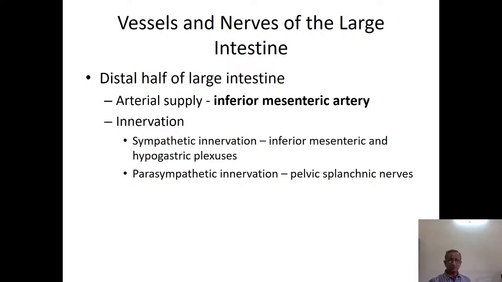nerve supply and the blood supply of the proximal part of the large intestine and the distal part of the large intestine.